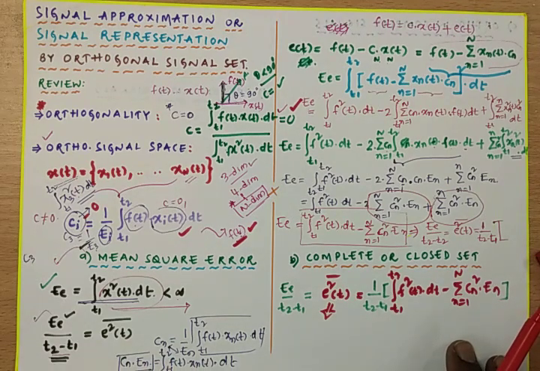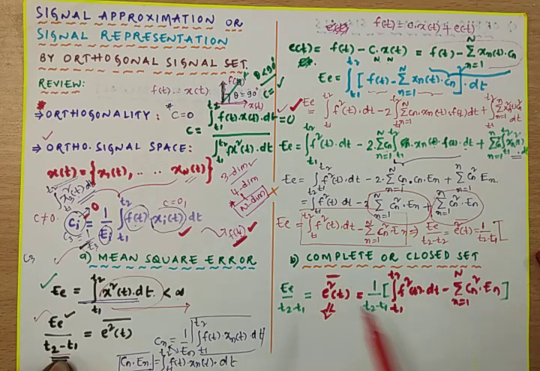Now I am going to define this closed set or complete set. In this equation, Cn square into En is always positive, hence the error energy can be reduced as the Cn and En value increases.